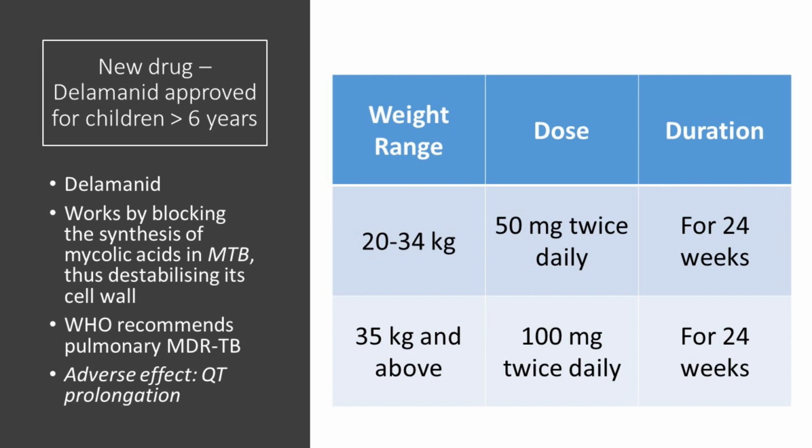Most of these patients do well when starting this therapy. It's available as a 50 milligram tablet. Children less than 35 kilos get 50 milligram twice a day, and children more than 35 kilos get 100 milligram twice a day. Till now we've used delamanid in almost 25 to 30 children, with extremely good results.